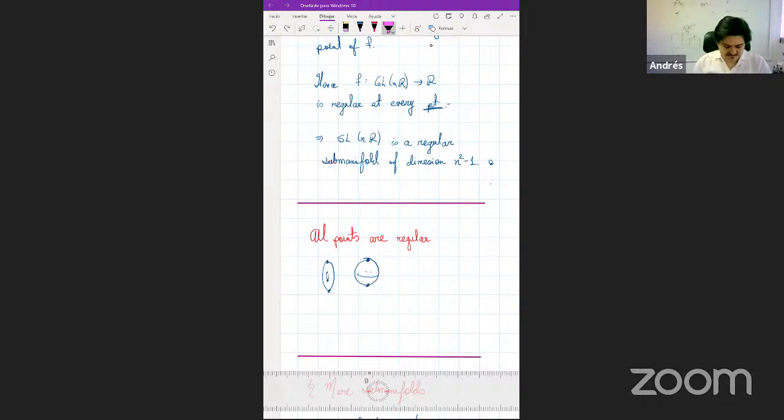So more or less what we have here in the previous example is something like this. It's like a cylinder, so to speak.